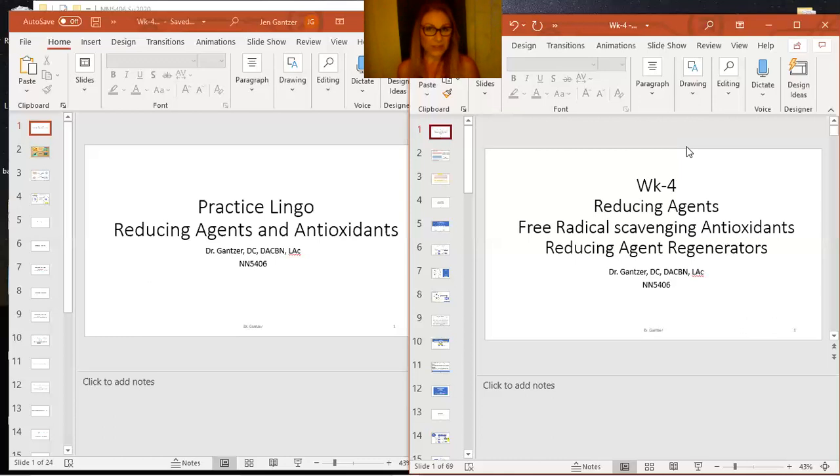And what we have to realize is that just like the free radical has lost its electron and is reactive, it's going to be quenched and scavenged, meaning the antioxidant is going to scavenge, hunt, find it, and go attack it. Quenching means to quiet it down. So we scavenge to find it, we quench it to quiet it down, and we do that by donating its electrons back so it stops being reactive.